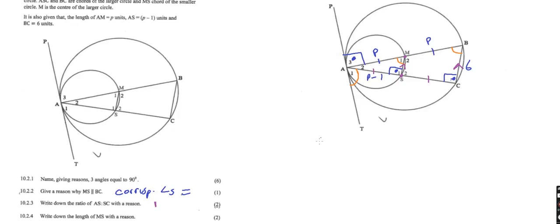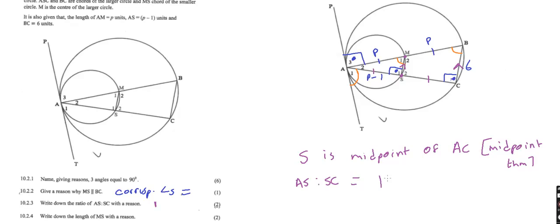So what we can do is to say that S is midpoint of AC according to the midpoint theorem. We don't need to say M is the midpoint and SM is parallel. We already know that. All right. Then therefore AS is to SC is equal to 1 is to 1.